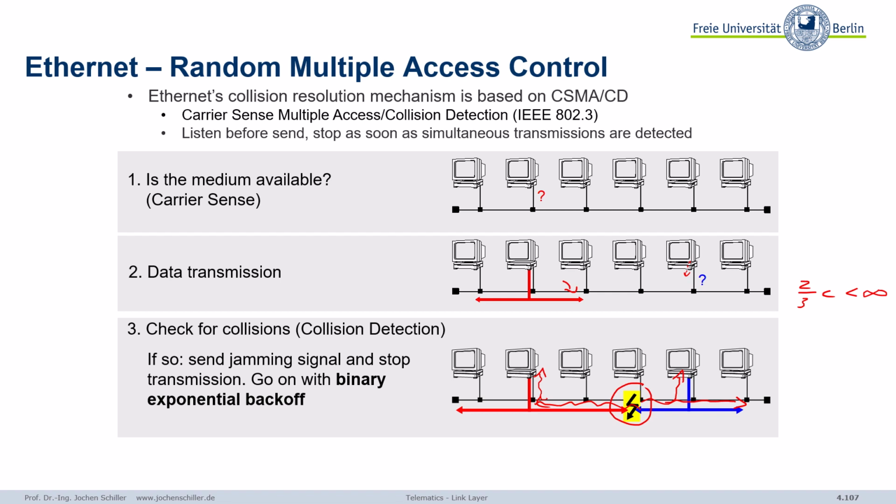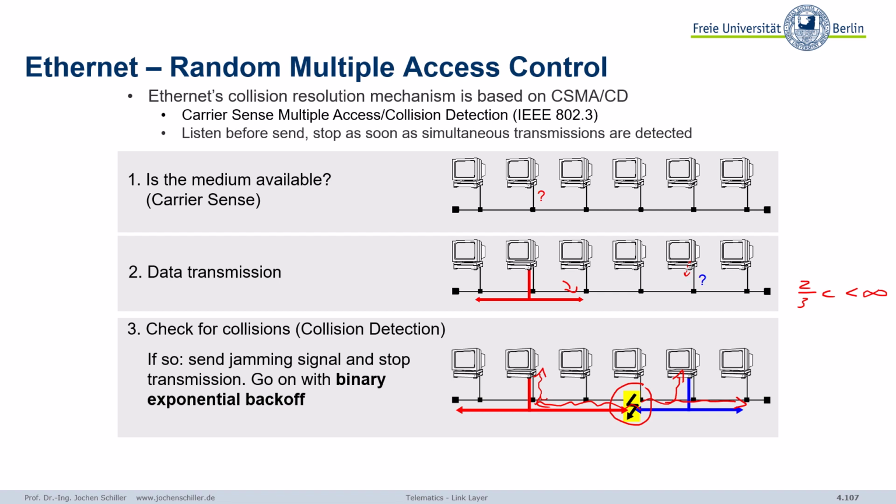In the classical CSMA/CD, we had the stations sending a jamming signal and stopping transmission. So you detect the collision, and you do not only stop, but you send a strong jamming signal. Why? This tells everybody there was something going wrong, so stop all activities and continue with the binary exponential backoff.